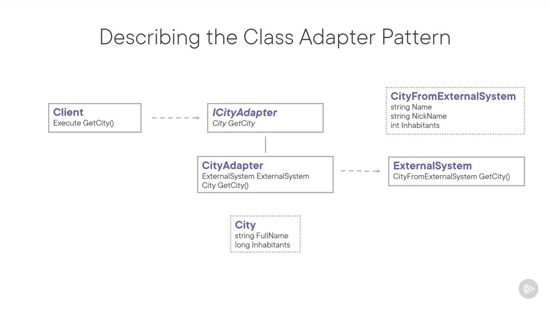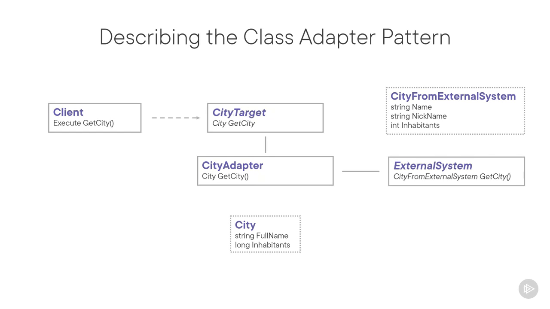The object adapter pattern we looked into works via object composition. What you see on screen now is the diagram we ended up with when describing the object adapter. The class adapter pattern is a variation which relies on multiple inheritance to adapt one interface to another.